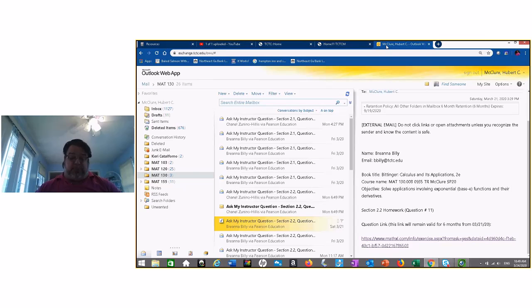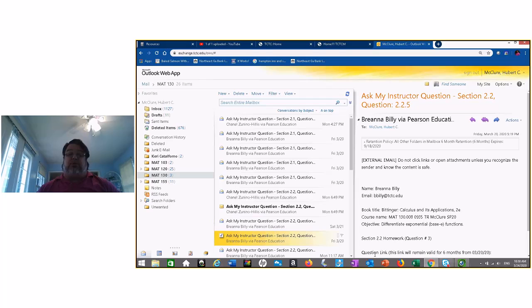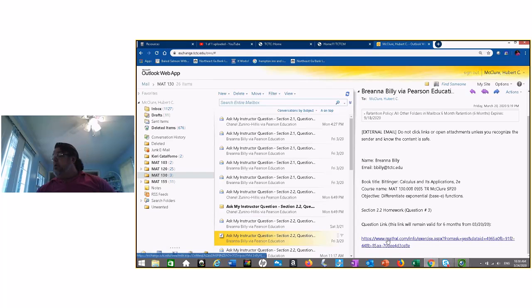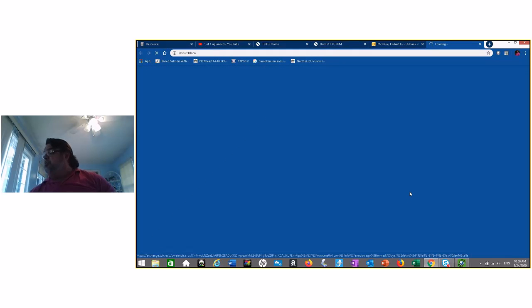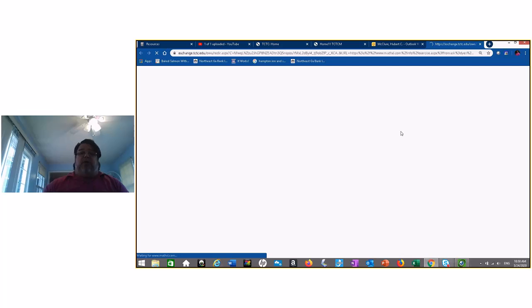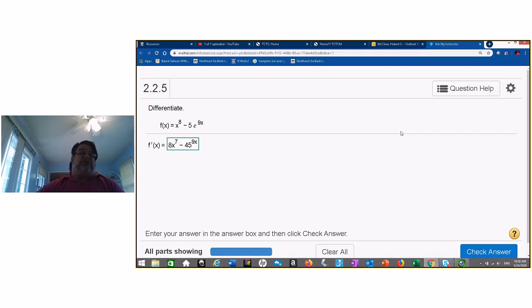All right, so the next problem I got is 2.25/3. This is a very good test question. I'll tell you when it comes up. Okay, it's up.